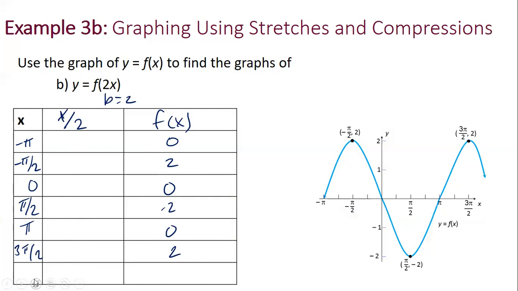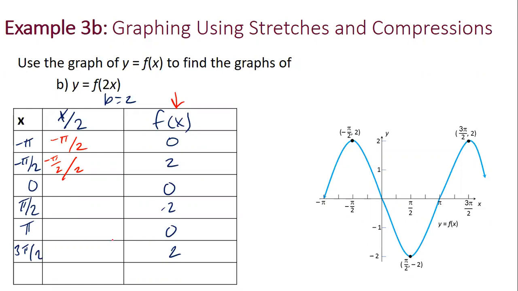All right, so this time my y's are good to go, but each one of these x's is going to be divided by 2. So negative pi divided by 2 is just going to be negative pi over 2. I then have negative pi over 2 divided by 2. What do you do when you are dividing within a fraction? You keep, change, flip.